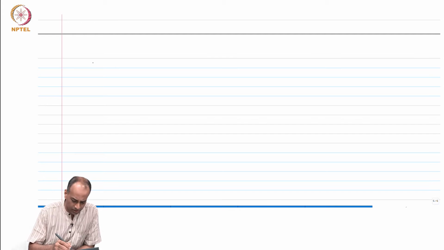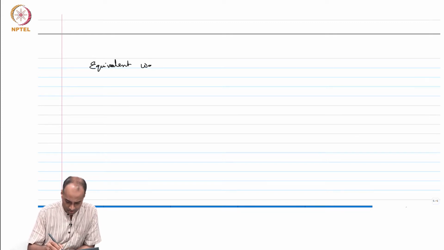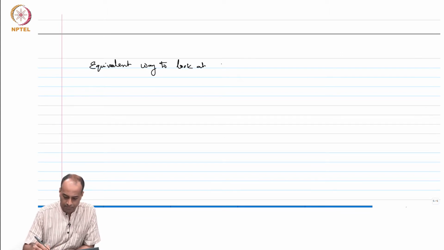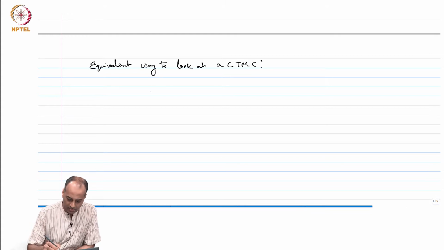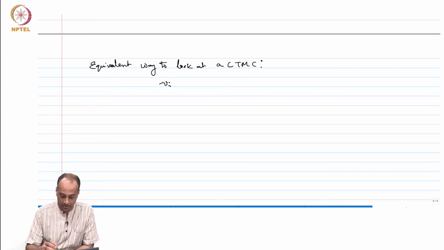An equivalent way to look at a CTMC: you have these nu i's for each state, which are exponential rates, and Pij which is given to you.